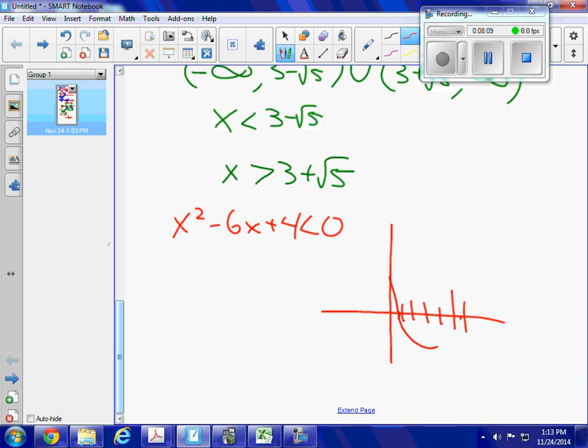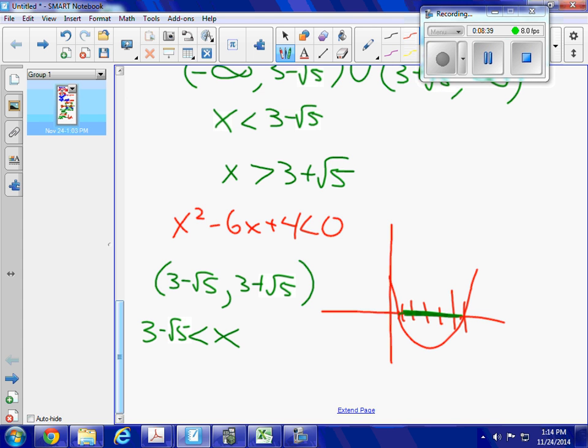My graph still would have looked like that, but then my solution would have been right in here between those two points. That would have been the interval with brackets, 3 minus the square root of 5, comma, 3 plus the square root of 5, one interval between those two points. Or you could have said x greater than 3 minus the square root of 5 and x less than 3 plus the square root of 5.